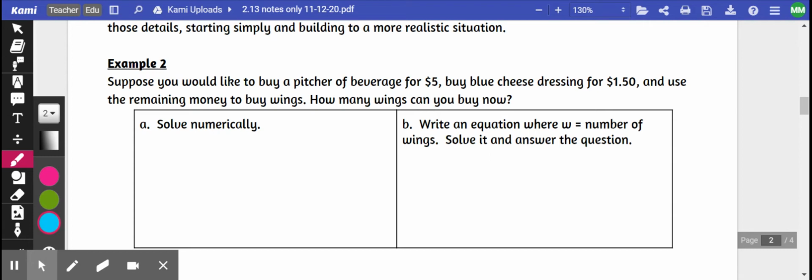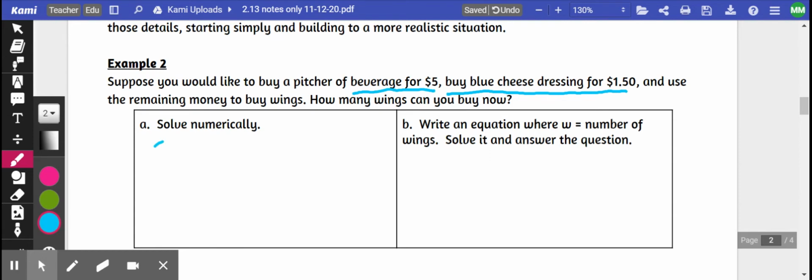All right, so in this one, it says, suppose you would like to buy a pitcher for $5, and you've also got the blue cheese dressing now for $1.50. And of course, you can use the remaining money to buy the wings, which are still 25 cents each.